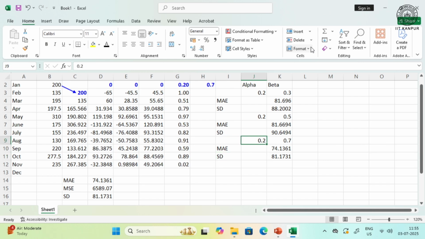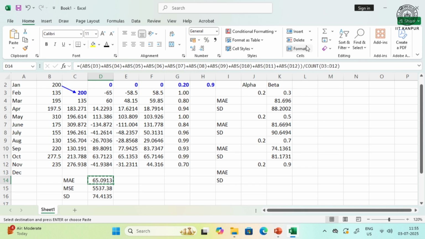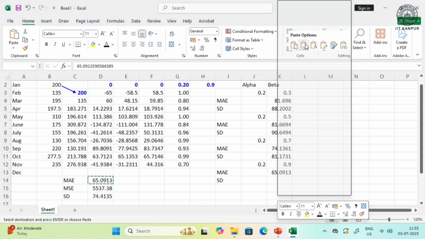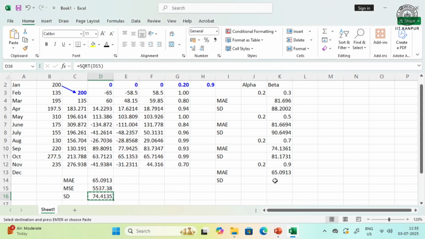And finally, let me take another value, 0.9. I am doing all this for changing betas; alpha is fixed for the time being. So, for 0.9, the values are 65, it has again decreased. Standard deviation has also decreased.